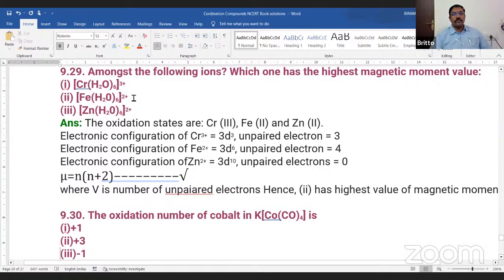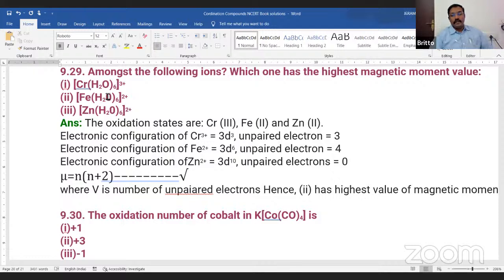So which has the highest magnetic moment? The first one is Cr(H2O)6 3+. All of them have the same ligand, H2O, which you can consider a weak ligand, because I told you the other day, if the donor atoms are fluorine, halogens, oxygen, or sulfur, they are weak ligands.